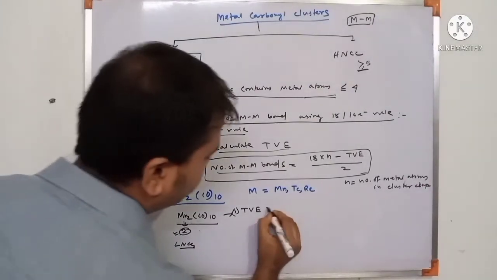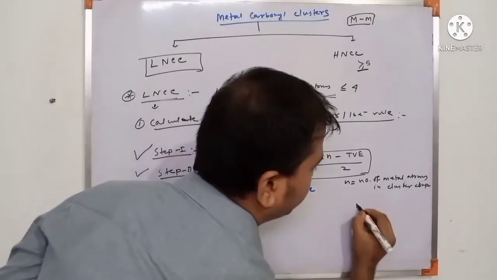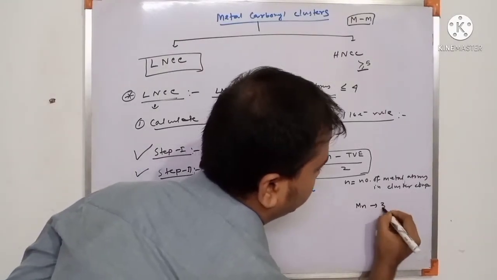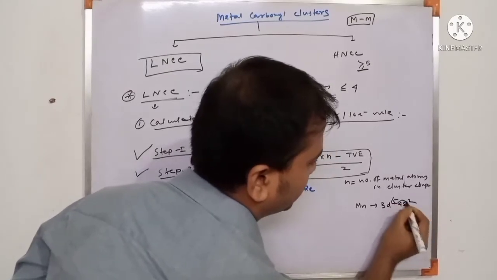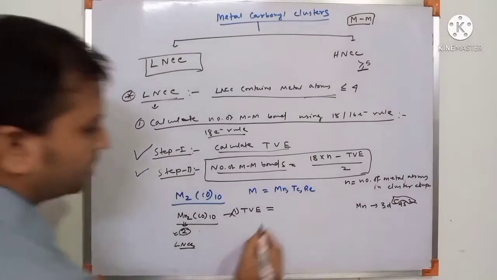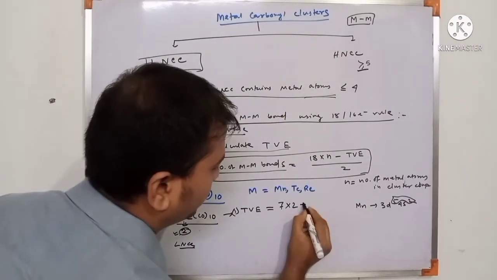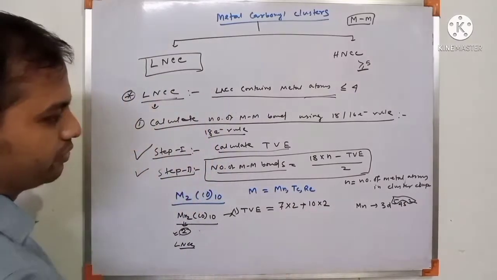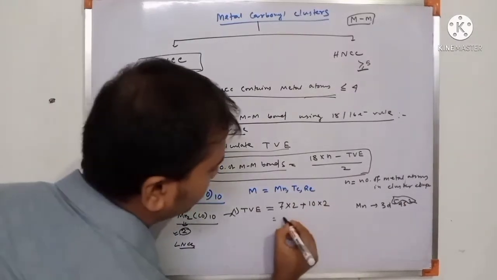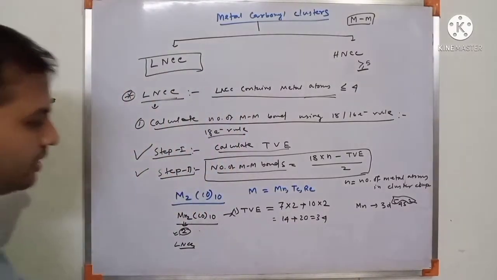Total valence electrons: in manganese, the valence electrons are 3d5 4s2, so 7 electrons. So 7 into 2 manganese, plus 10 carbonyls, each contributing 2 electrons: 10 into 2 equals 20. 14 plus 20 equals 34.